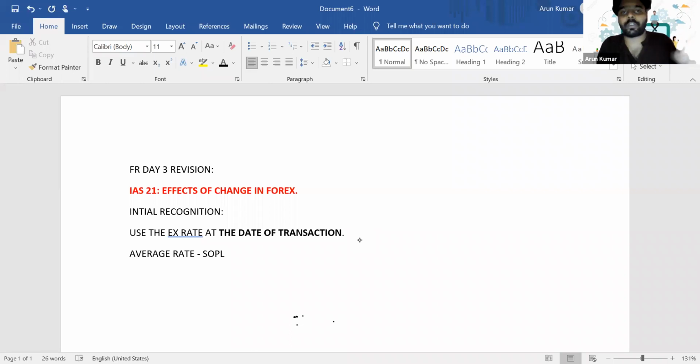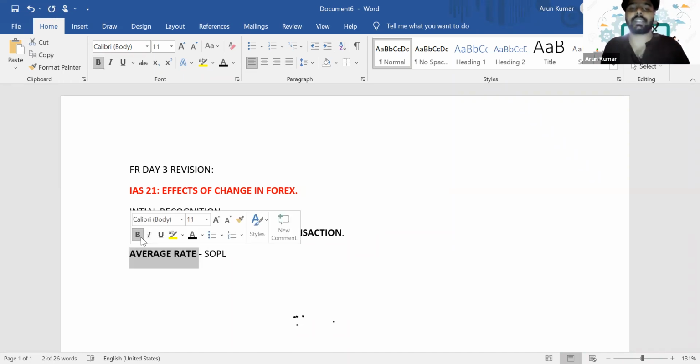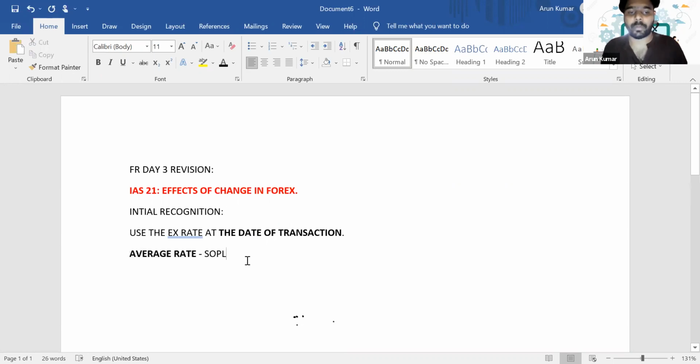So for such costs it's appropriate to use the average rate, if the exchange rate does not fluctuate significantly. So these are the two types of rates that we normally use to convert these foreign items into your home currency. Are you getting it? We have the average rate, as well as the exchange rate at the date of transaction.